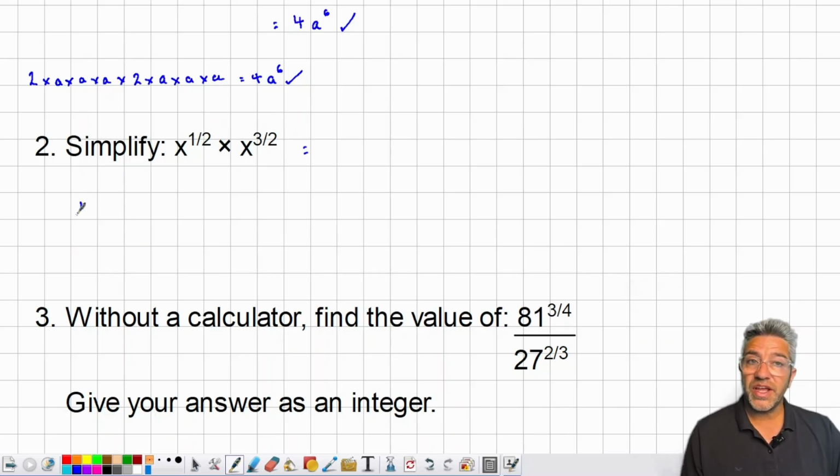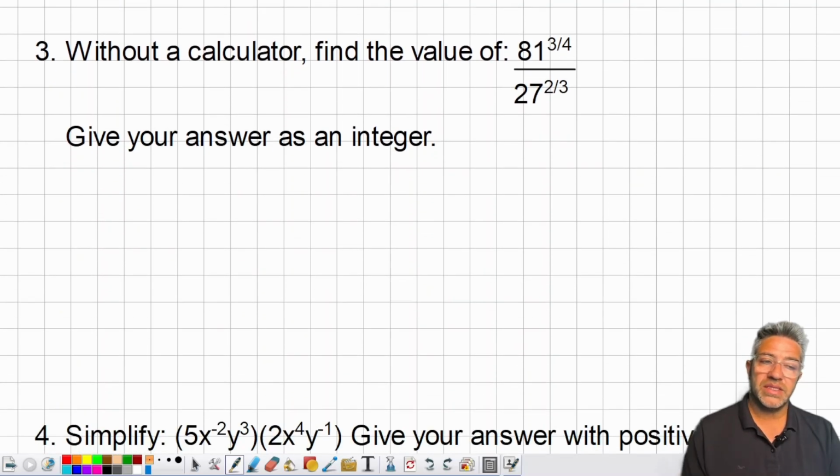So just to the side here, I'm going to do 1/2 plus 3 over 2, and that equals 4 over 2, which is actually equivalent, of course, to 2. So x to the half times x to the 3 over 2 is simply x squared. Let's move on to question 3.